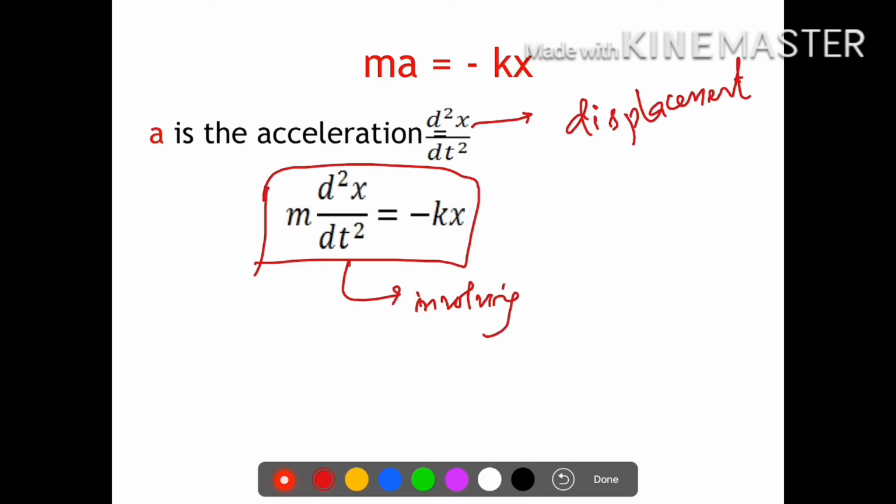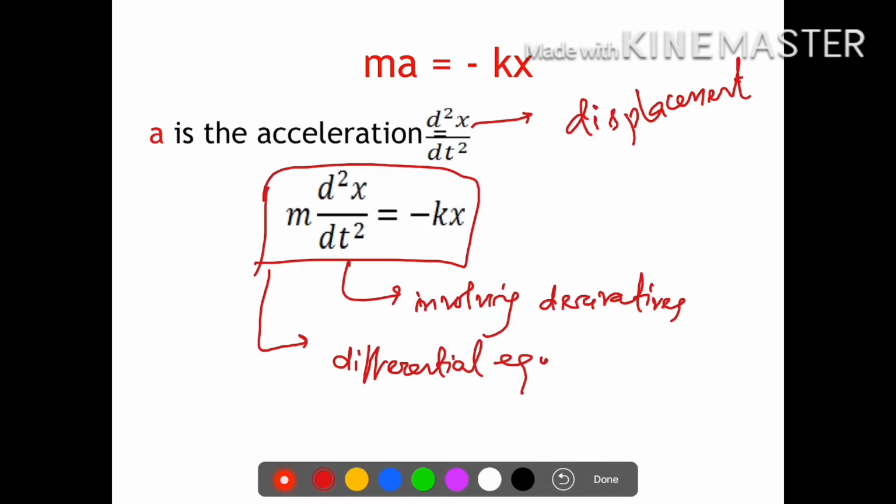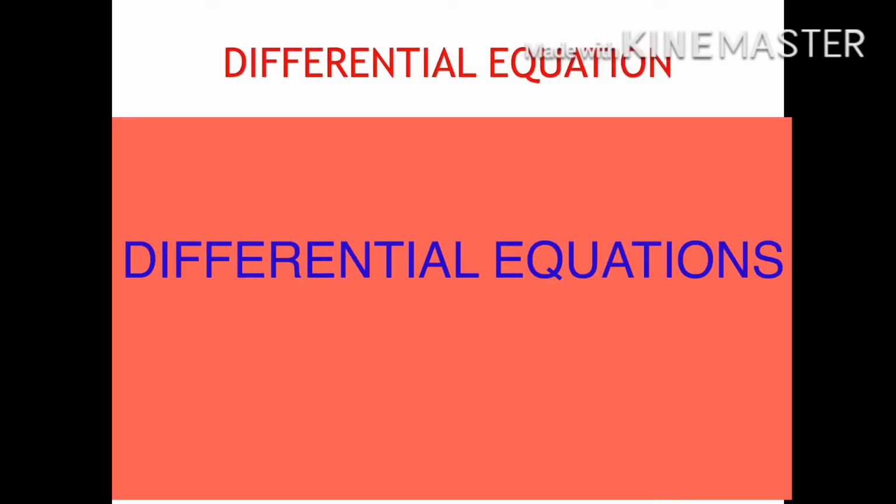Now we will know about the details of this type of equations. This type of equations are called differential equations. So students, we will start our new chapter today, which is called differential equation.